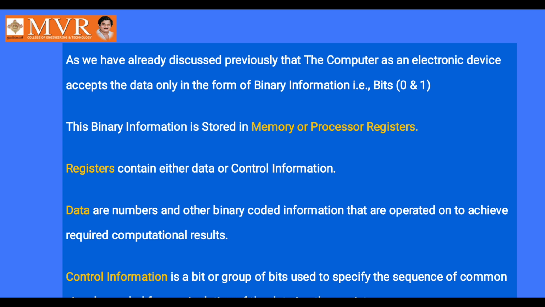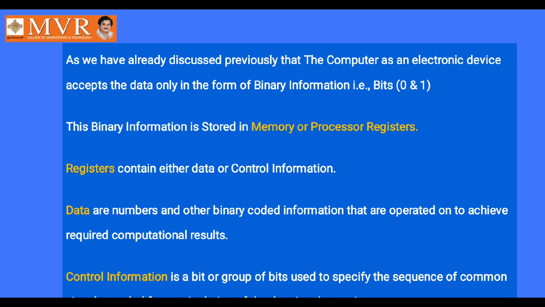So what do we mean by data? In which form will the data be? The data are numbers and other binary coded information that are operated on to achieve the required computational results. There are binary codes and BCDs, binary coded decimals, which we will discuss later. Not only the data, but even the control information generated by the control unit is in the form of a group of bits, two bits or more.